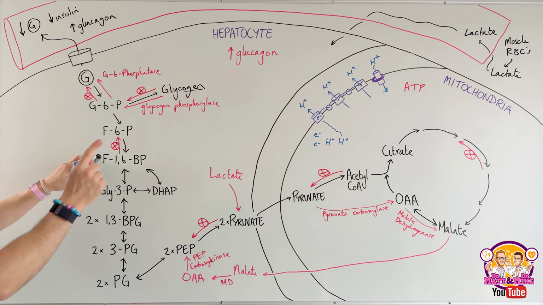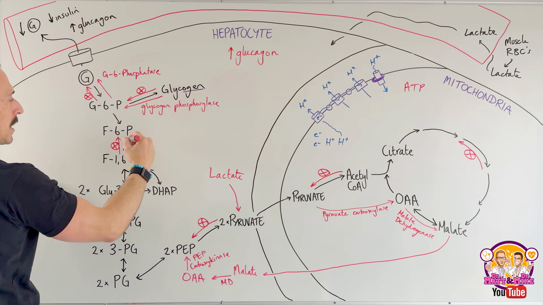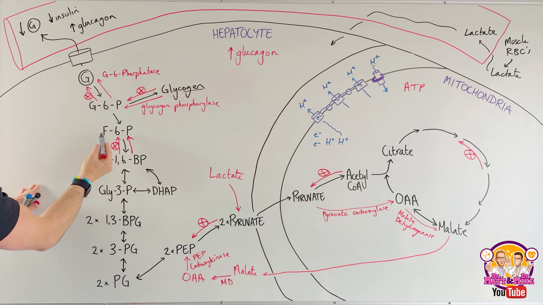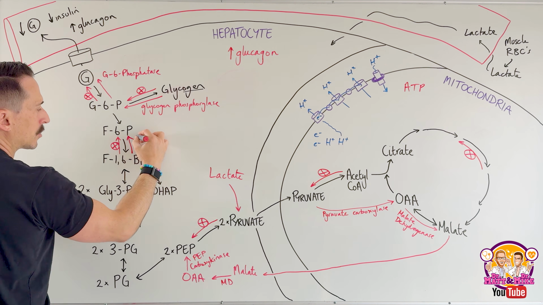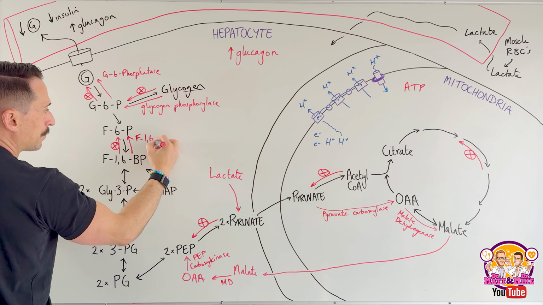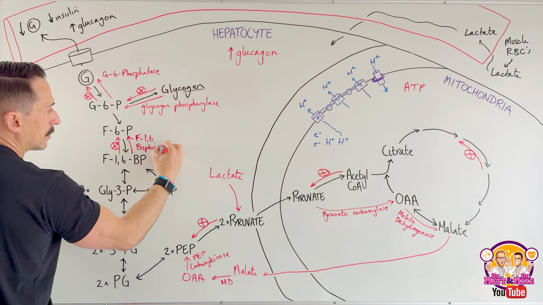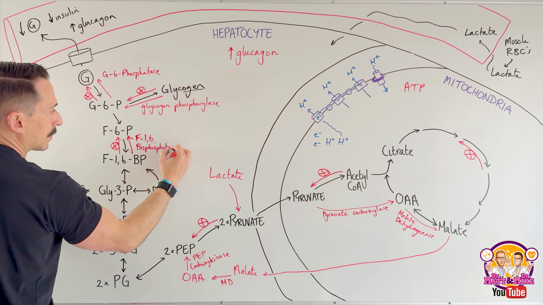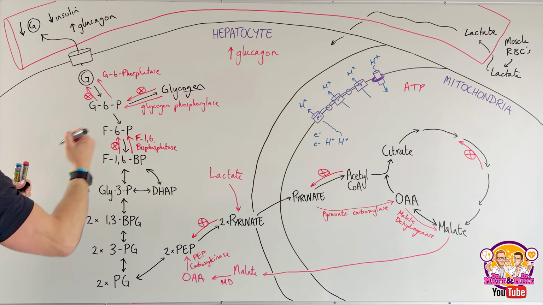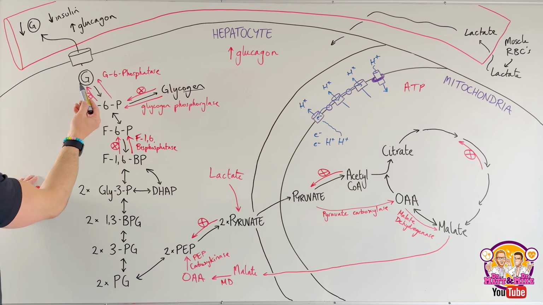Well, luckily for us, glucagon can stimulate the transcription and translation of the enzyme that can turn fructose 1,6 bisphosphate to fructose 6-phosphate, and that enzyme is called fructose 1,6 bisphosphatase. And it goes backwards. And this step can go backwards, and luckily again, glucagon allowed for this to go backwards.